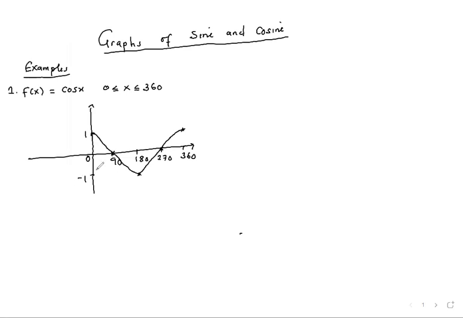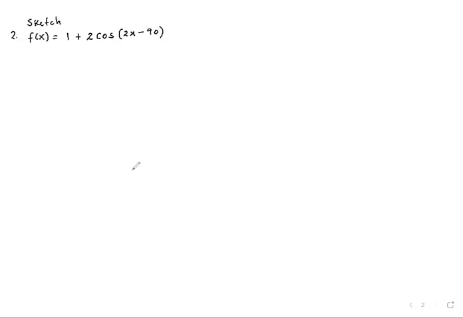This is what you all sketched during the break. I expect you to have this on your pages here. Okay. So sketch 1 plus 2 cos (2x minus 90). I've just changed the minus. Here what we had there was plus.